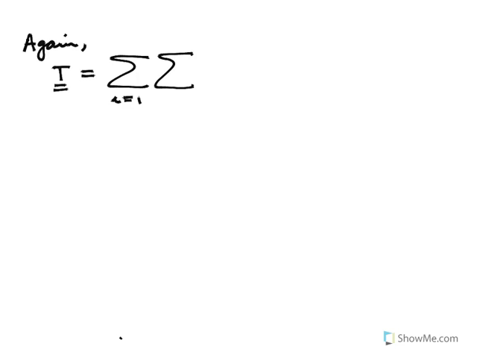So let's revisit this to make it a little bit clearer. If we take T and represent it in a basis defined by E1, E2, E3, it looks like the sum from i equals 1 to 3 of the sum from j equals 1 to 3 of Tij Ei circle cross Ej.